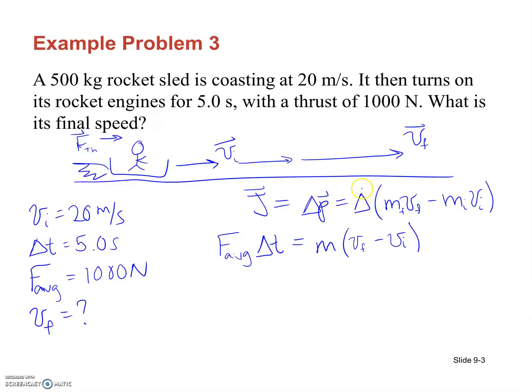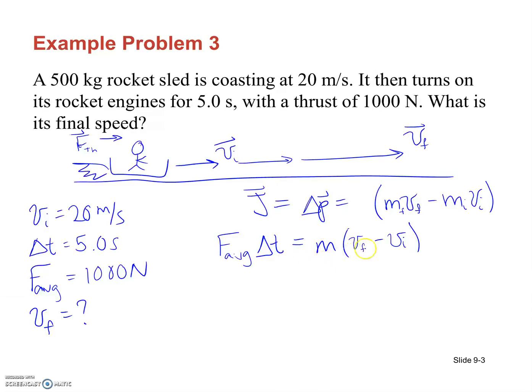And I just realized I have an extra delta in here. We don't need that. The change in momentum is equal to the final mass times the final velocity minus the initial mass times the initial velocity. Okay, so we are looking for the final velocity. So let's solve this for V final.